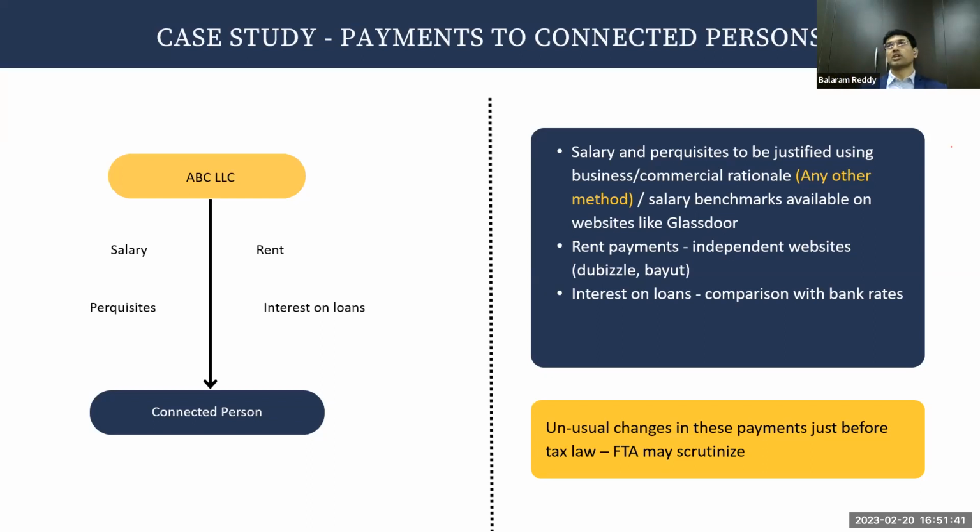So for example, the company is paying a salary to the owner, monthly, let's say 200,000 dirhams. But if you look at the service that the owner is providing to the company, and the same service is provided by a third-party person, you may not be paying 200,000 salary per month, but you may pay, let's say, 30,000 dirhams per month if it is a third party.